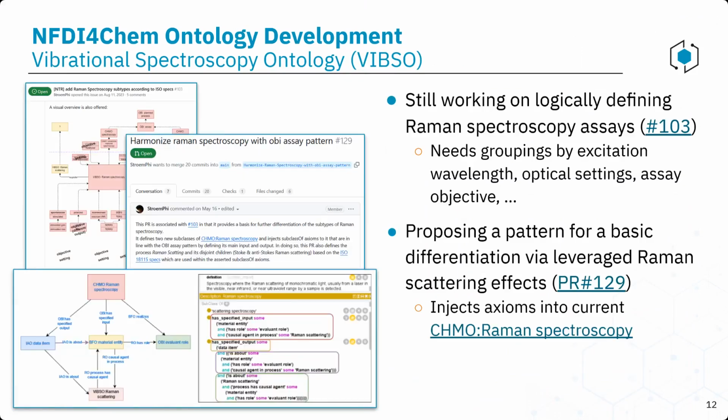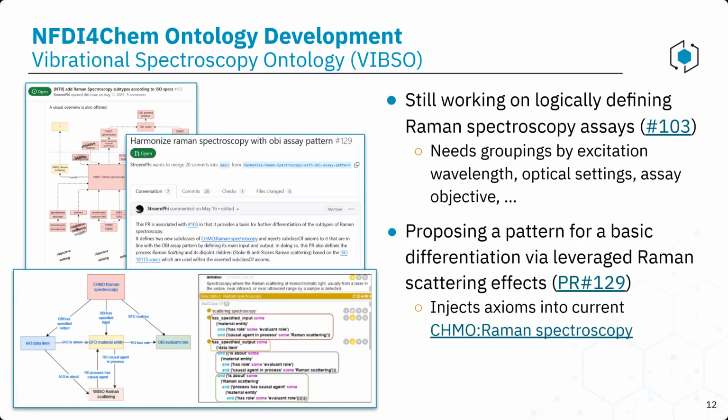And lastly, content-wise, we are still working on classifying the various Raman spectroscopy assay types using axiomatization, because currently the definitions we find for this in CHMO are not axiomatized, but we need more axiomatization for defining the various kinds of Raman spectroscopies according to the ISO specifications.